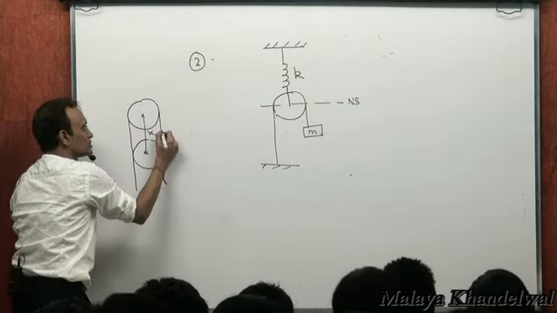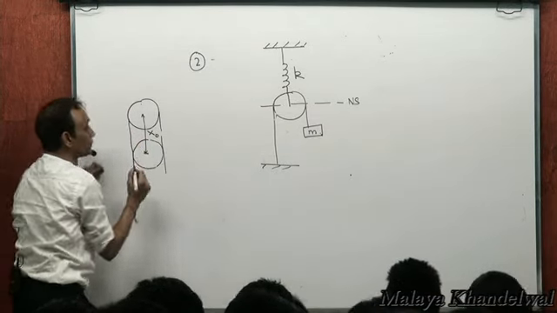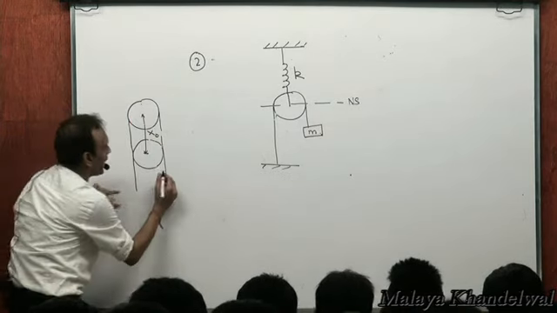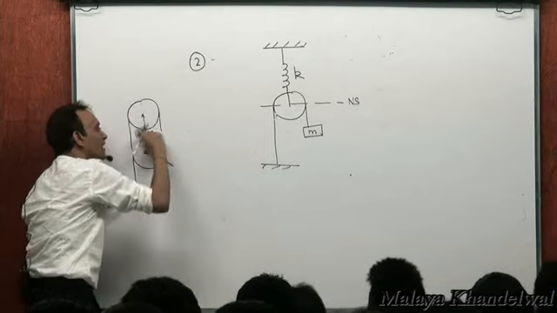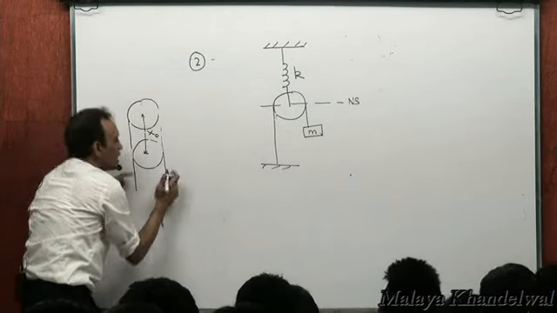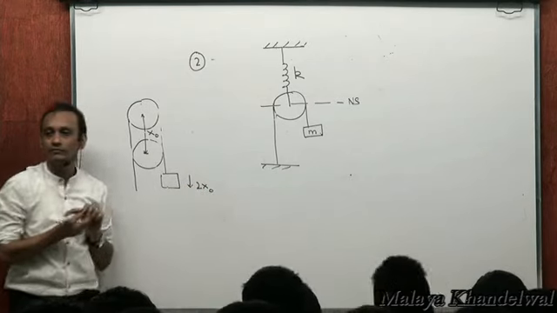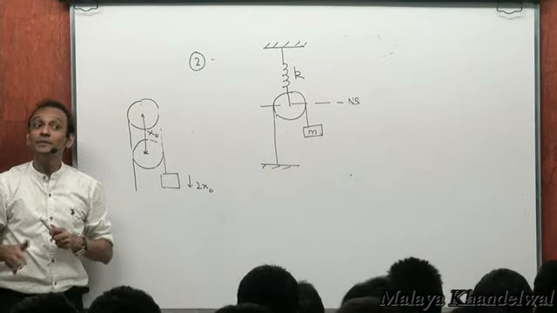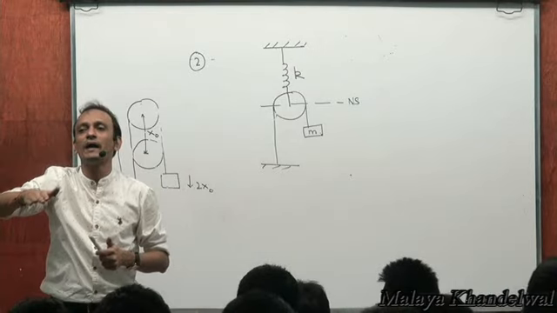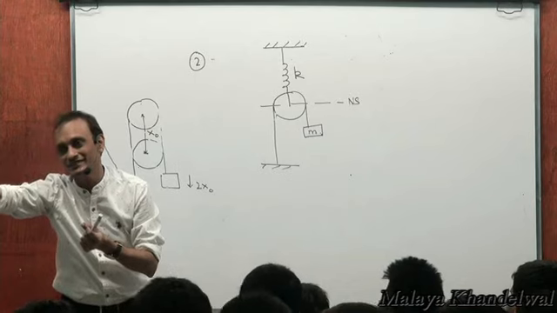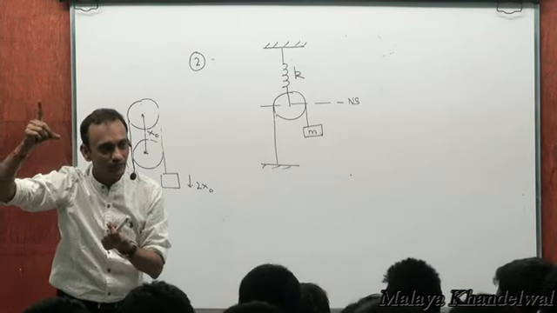When the pulley is moved down, this x naught and this x naught will become free, and this part will wound around this, and this x naught will result in descent of the mass m by an amount 2x naught. Yes or no? Yes, sir. That means if the mass m descends by 1 centimeter, the spring must have got elongated by half a centimeter. Yes or no? Yes, sir.